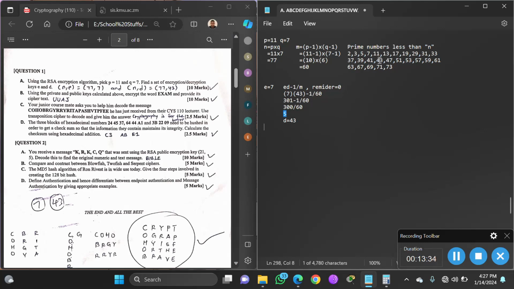And 43 is the number which happened to give us the whole number, which is 5. Meaning 43 will represent D, because it was placed where D was supposed to be.